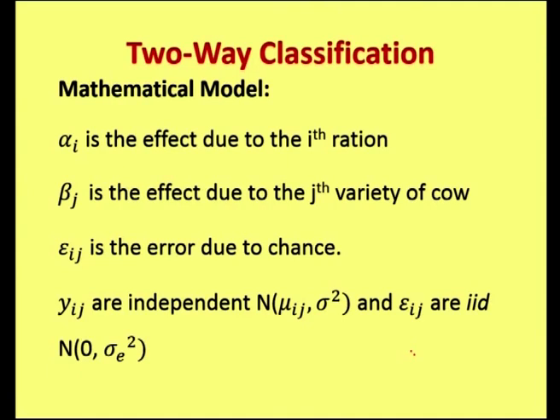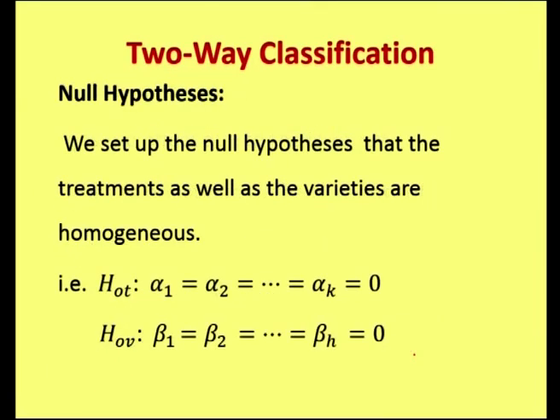And the null hypothesis to perform the two-way classification is that the treatments as well as the varieties are homogeneous, that is there is no significant difference between the effects due to the treatments as well as varieties.